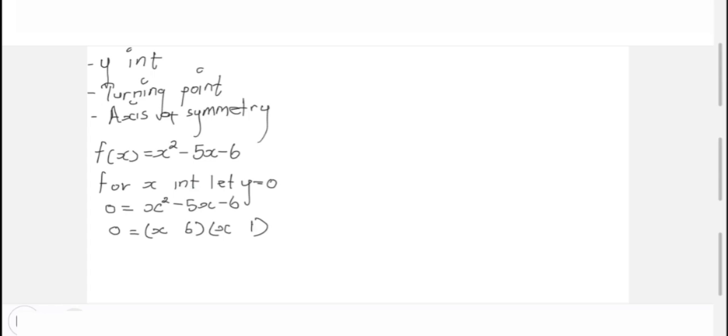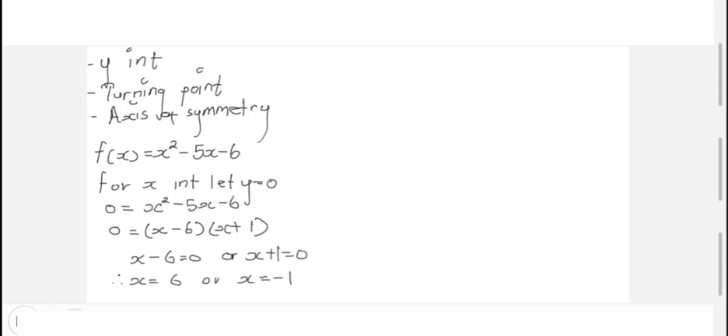Obviously it will be 6 and 1, minus and plus, let me just say plus in here. Then it will be x minus 6 is equal to 0, or x plus 1 is equal to 0. Therefore x will be equal to 6, or x, sorry, I forgot the one there, x will be equal to -1.